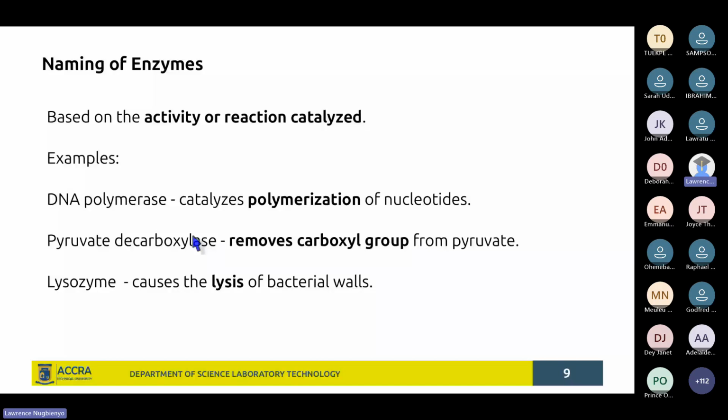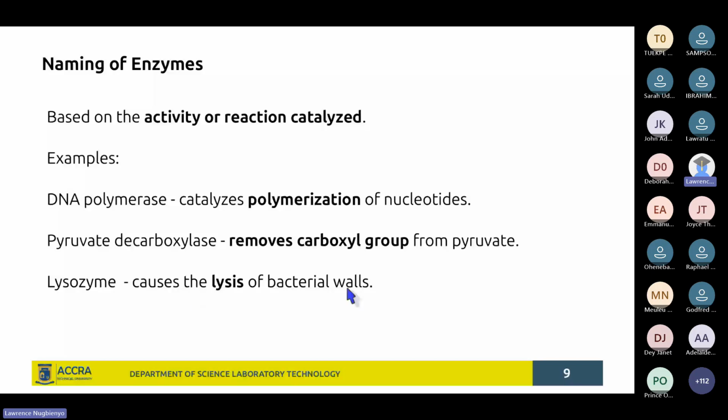Lysozyme, which you also see acting on bacterial walls. Actually, based on these, you have some antibiotics being produced. We'll come to see some of those things causing the breakdown of the bacterial walls.